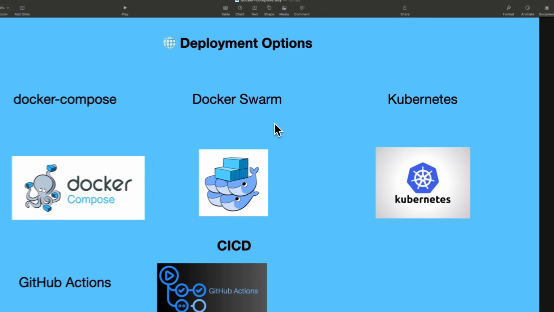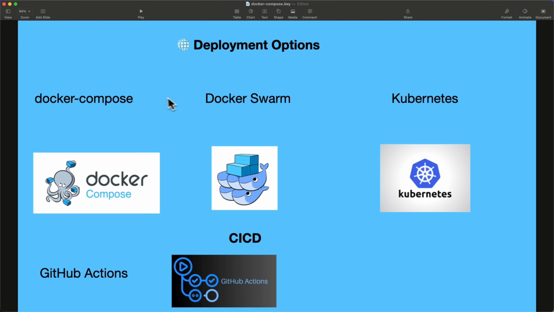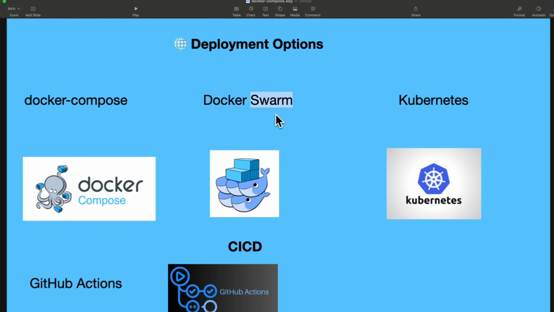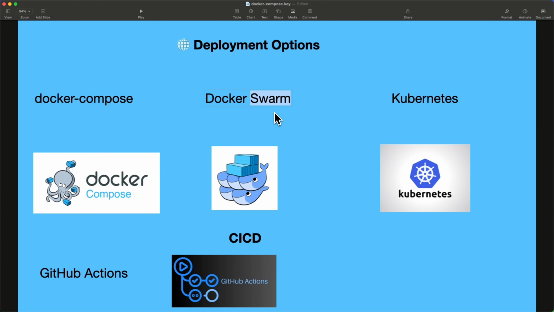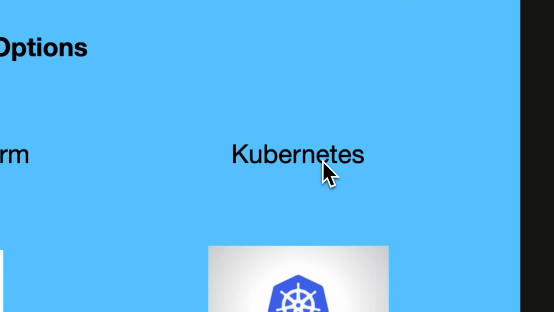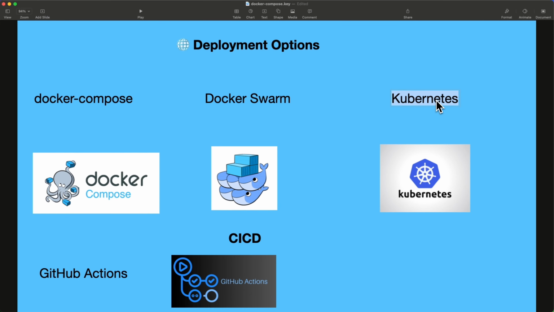For the deployment process, there are various ways we can deploy this application. We're going to be using Docker Compose or Docker Swarm. Docker Swarm is a native Docker orchestration tool, just like Kubernetes, but it is not as robust as Kubernetes. And lastly, there is Kubernetes. The Kubernetes deployment is not going to be in this video, but I'm just trying to show you different ways in which you can deploy this application.